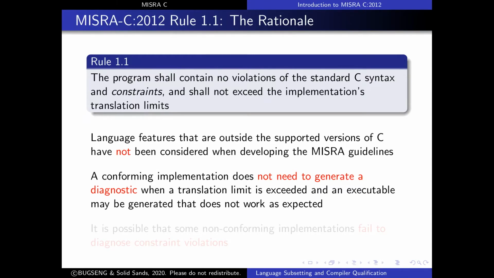And the generated output can do just anything. It's full of compilers that even fail to diagnose constraint violations. So as Marcel will say, one of the important parts of supertest is to check whether these compilers provide the diagnostics that they are meant to provide you.